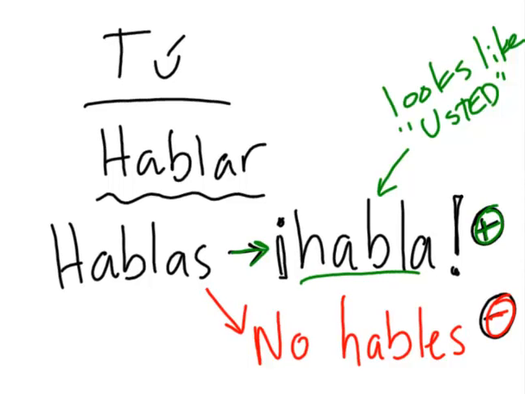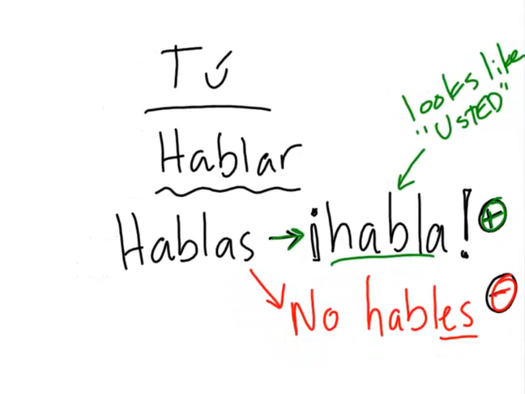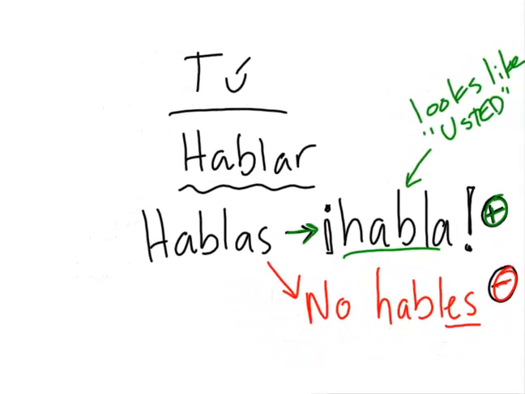That's an easy way to remember that. And down here, if we look at the negative, you'll see we switch from the AR ending to the ER ending. Habla, no hables. Lee, no leas. Estudia, no estudies. Estudia, AR, no estudies.